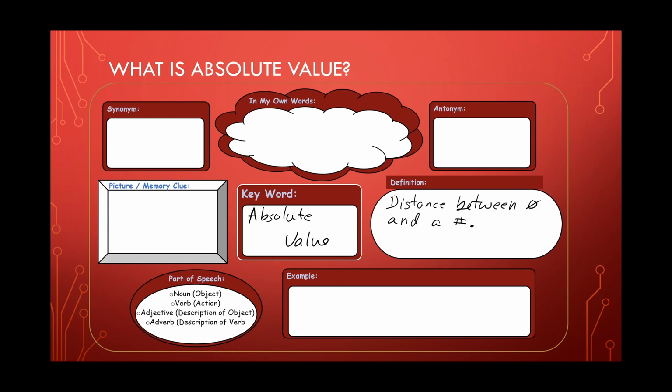But whenever you measure a distance, is it possible to have a negative number? No, because if there is any distance to measure, it's a positive length. So that means that it makes all numbers positive.